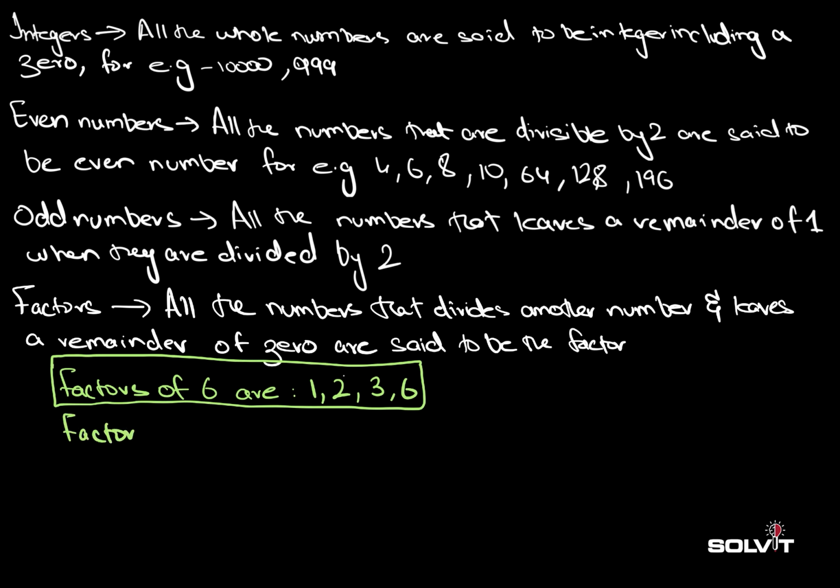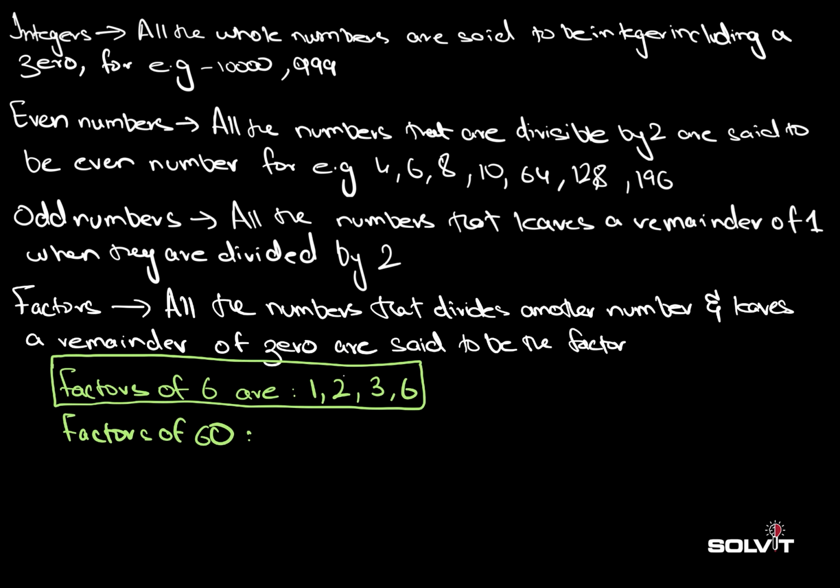Factors of 60. The best way to find the factors of any number is the product method. That is, write down all the combinations of numbers that multiply to become 60.